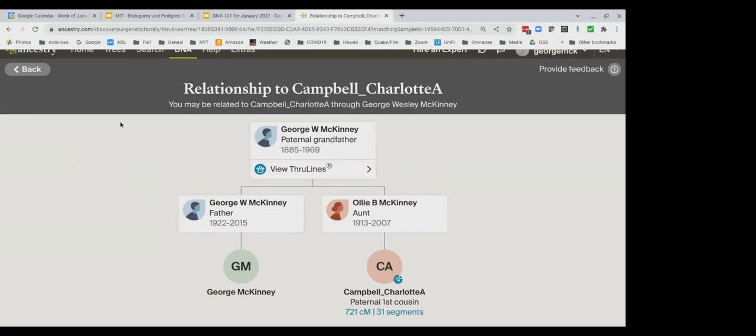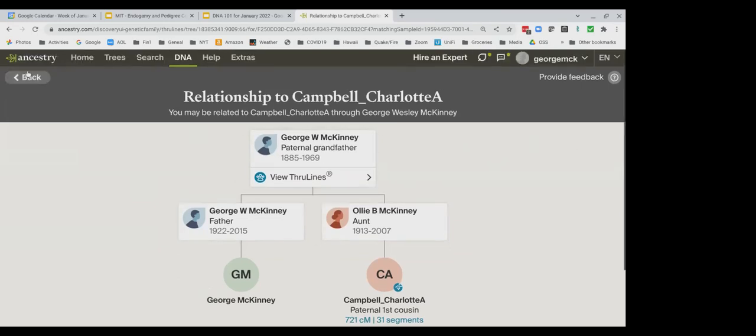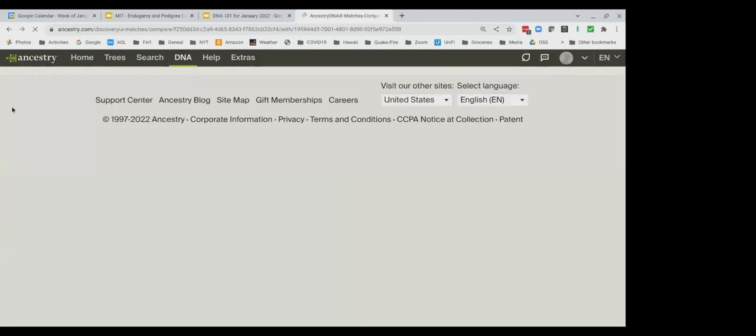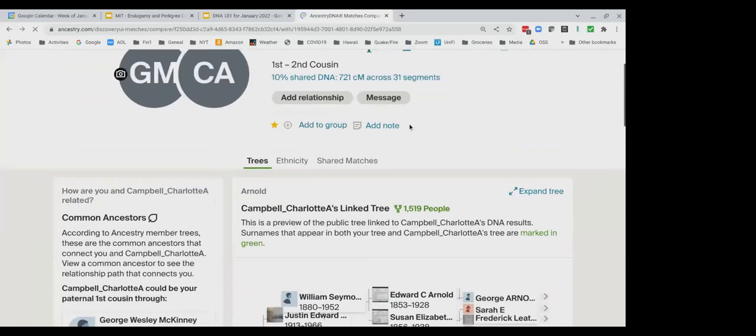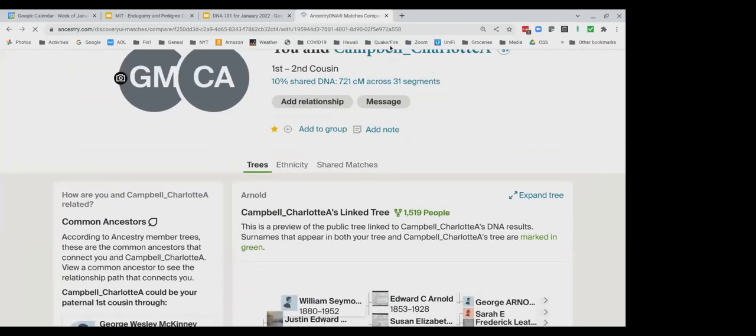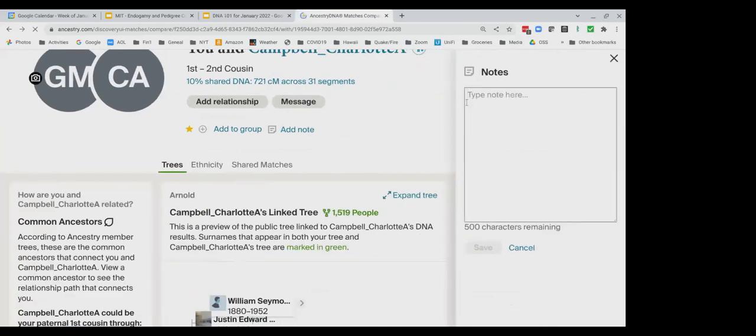Now, we're going to go back. You notice the little back button, I hope. I can do a couple of things here. We added the relationship. I can add a note. The note is: Charlotte is Ollie McKinney Arnold's daughter and my first cousin.